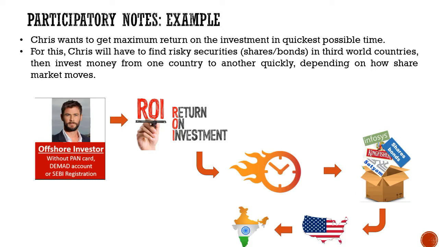So if Chris wants to get maximum return in a very quick time, securities or shares or bonds are the only way where you can earn very quickly, but they are quite risky. In that case, he'll have to transfer the money from one country to another, and that also depends on how fast the share market moves.